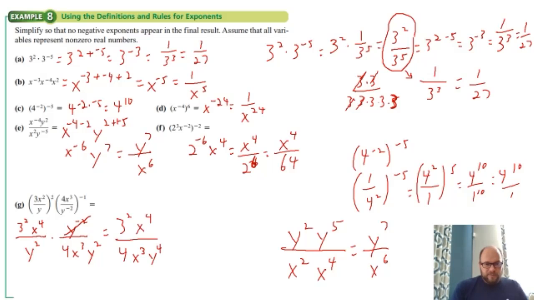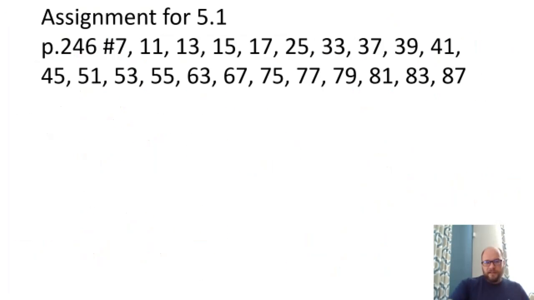I can also go ahead and simplify this 3. 3 squared is 9. For the x's, it's just going to be x because 4 minus 3 is just x. On the bottom, I still have the 4, and I still have the y to the 4th. That's our final answer. All right, that was a lot of work on that one.